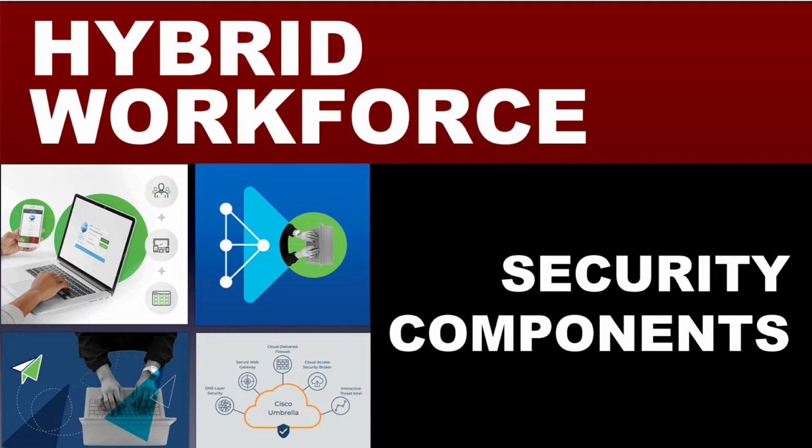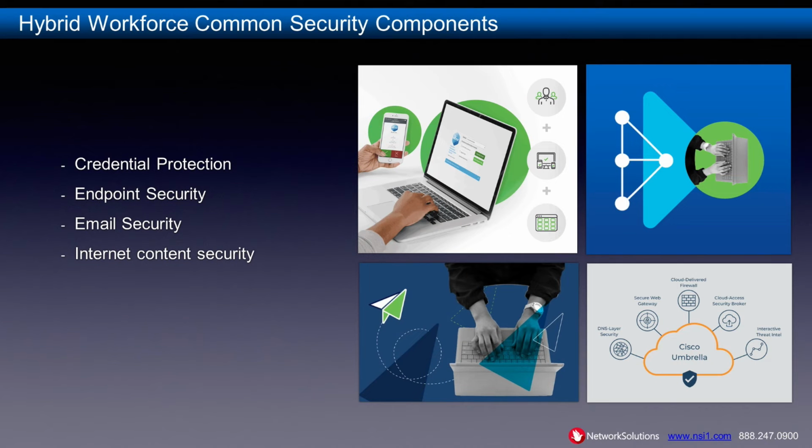So there were a number of common security components that I covered in all those use cases, and I want to touch on the functionality of some of these other use cases. Including credential protection, endpoint security, right? For credential protection, multi-factor authentication protects against compromises like phishing. Endpoint security protects against viruses and malware in general.